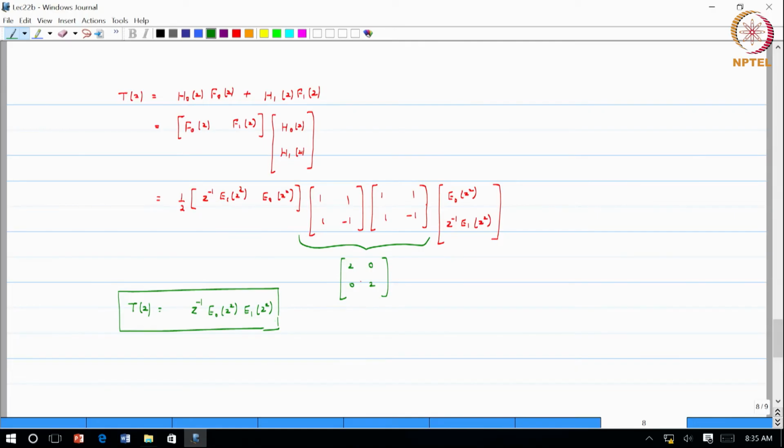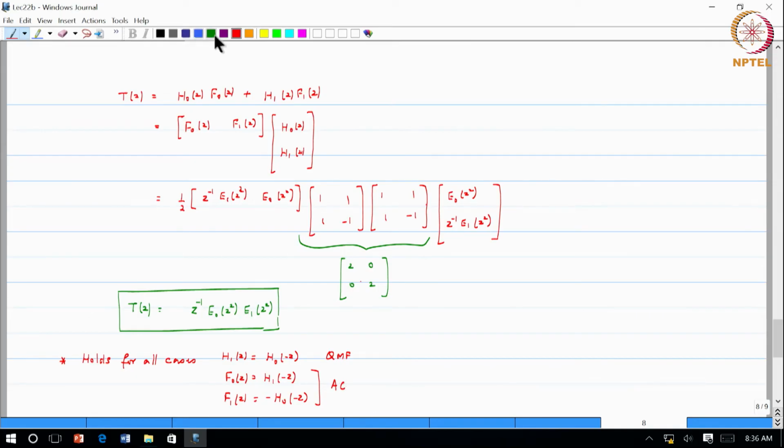Now, has this given us any further insight? First and foremost, does this hold for all cases? Yes, this result holds for all cases which satisfy the following. Basically, they must satisfy the QMF condition, H1 of Z equal to H0 of minus Z, and then the aliasing cancellation condition: F0 of Z is equal to H1 of minus Z, F1 of Z equal to minus H0 of minus Z. AC stands for aliasing cancellation.